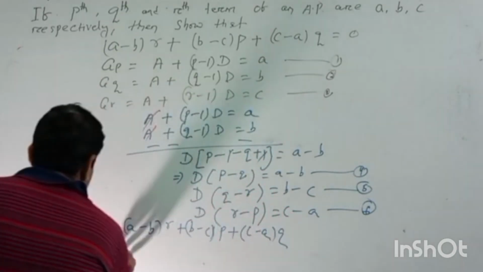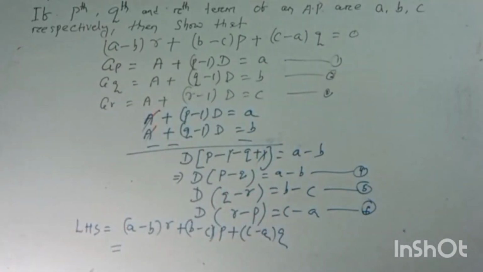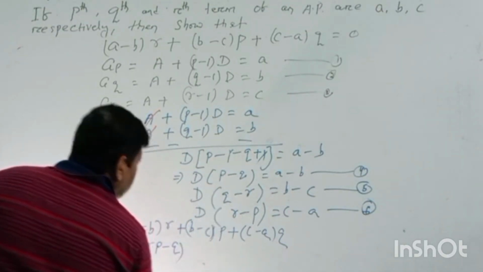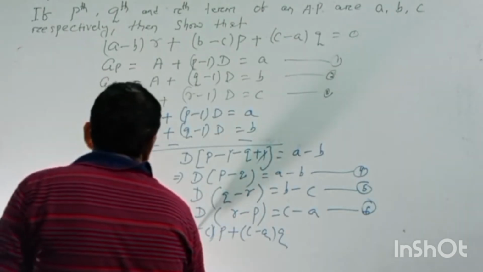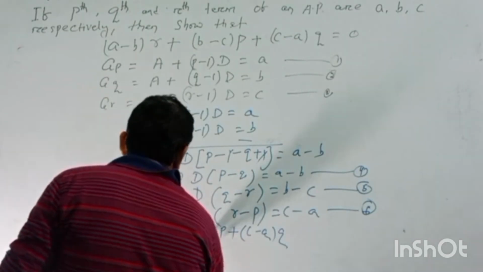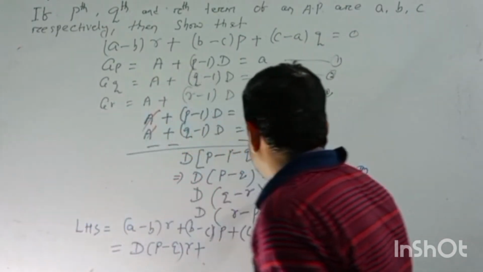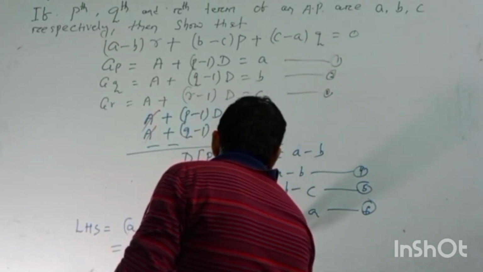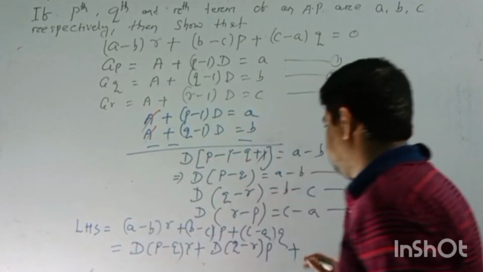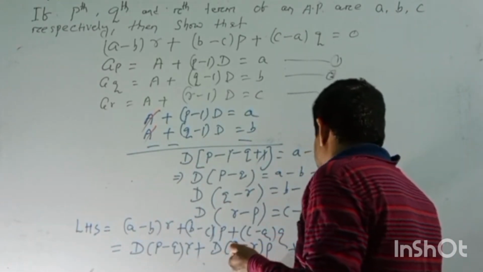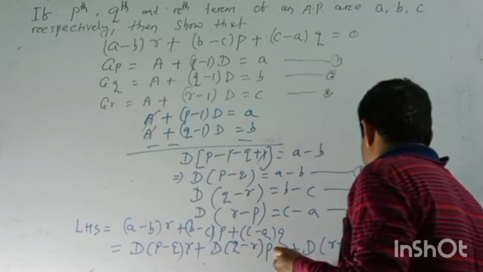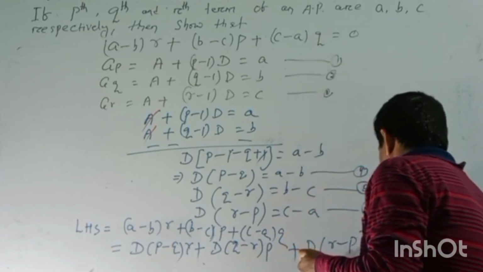Now, in place of a minus b, we can write D whole into (p minus q) into r, plus in place of b minus c, we can write D whole into (q minus r) whole into p, plus in place of c minus a, we can write D whole into (r minus p) into q.